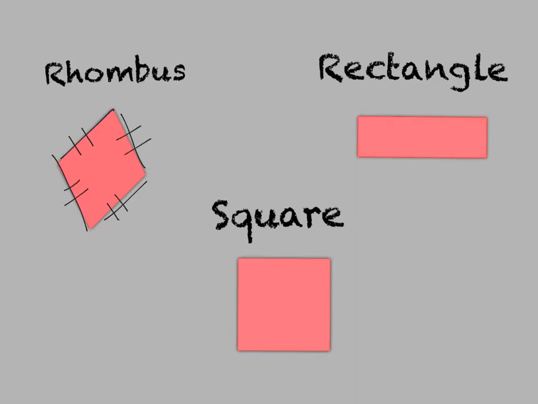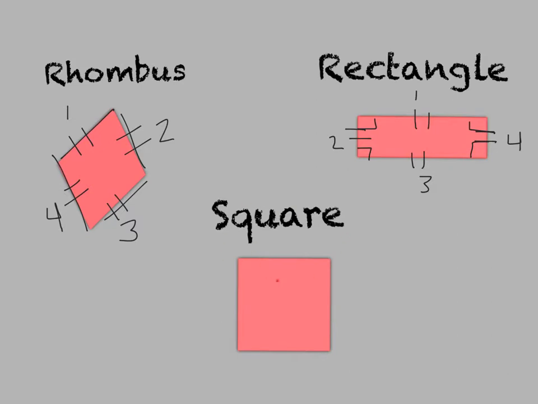And it is also a quadrilateral because it has 4 different sides. Now, the rectangle right over here is defined as having 4 right angles. But it is also a parallelogram because it has opposite sides that are congruent and parallel. And it is also a quadrilateral because it has 4 different sides.